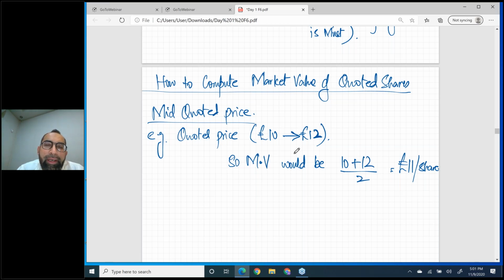So what is the midpoint? Between 10 and 12, the midpoint is 11. So in that case, you use the market value as 11 pounds. This is a very single step, and it will be used for the computation of gain.